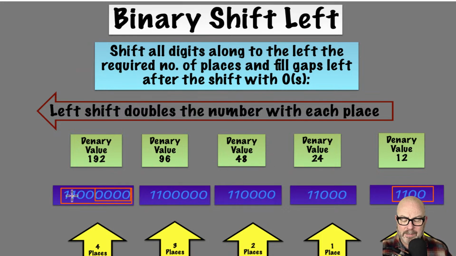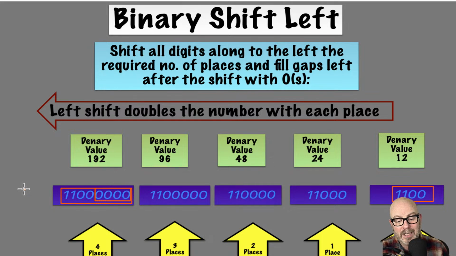Yeah, that's it. So when you do a binary shift left, if they say 4 places, you add 4 zeros to the right-hand side of your number. If it's 3 places, you add 3 zeros. If it's 2 places, you add 2, and so on, okay? It's literally that simple. So we say you move the number. You don't. You just write a 0 on the right-hand side of it. And that's the thing that you need to remember.